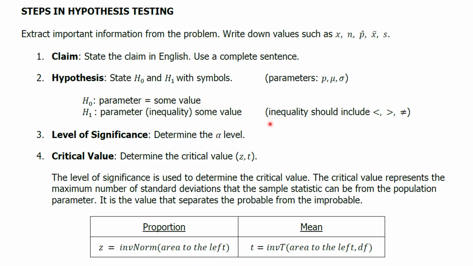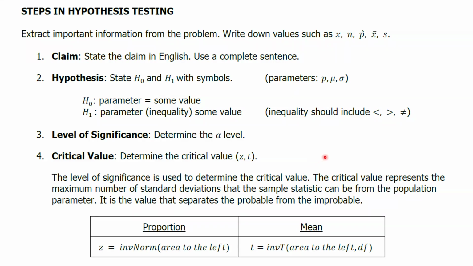So we want to first convert the English claim into a mathematical notation. We just need to remember that the null always has the equal sign and the alternative always has an inequality. Okay. And this is usually the claim we're trying to prove goes into the alternative.